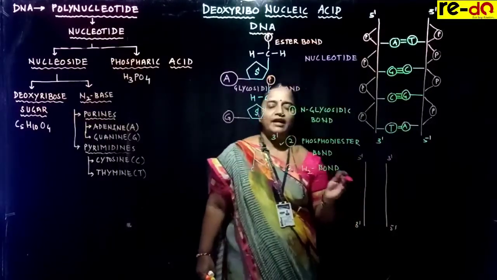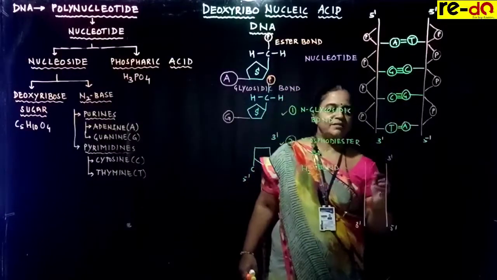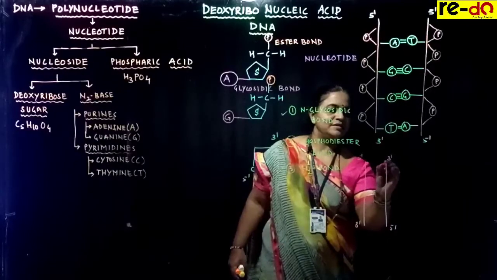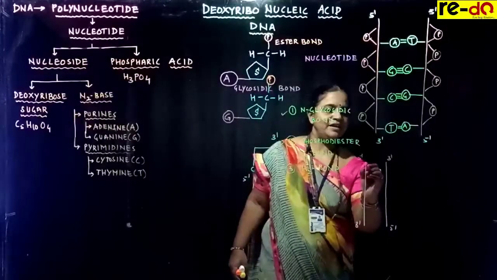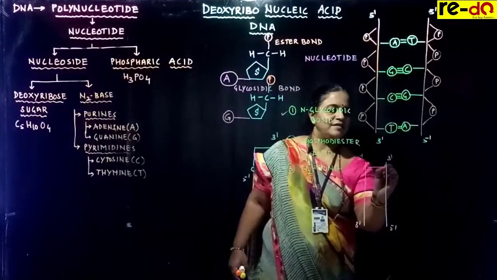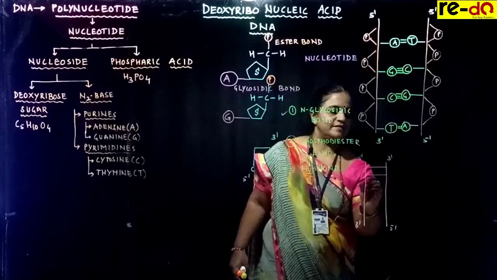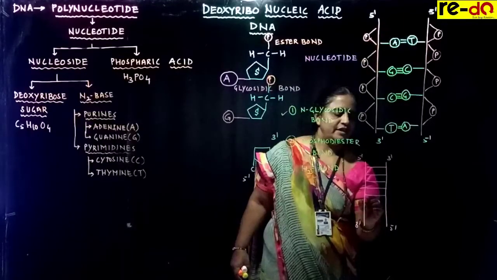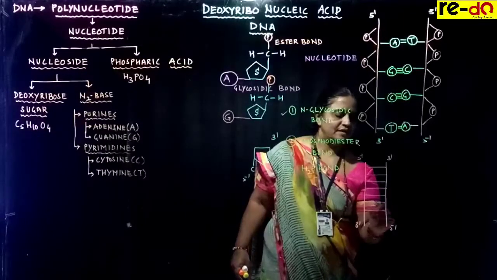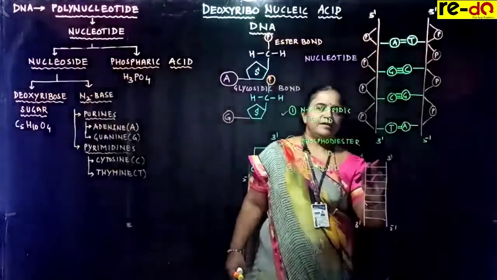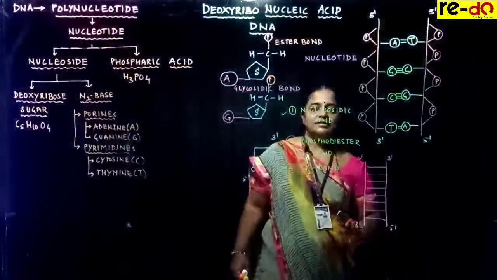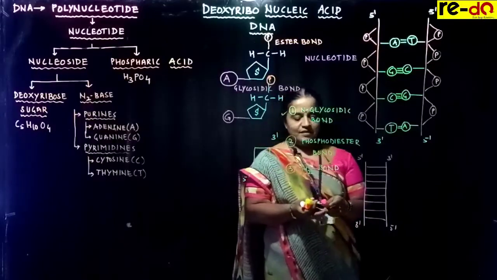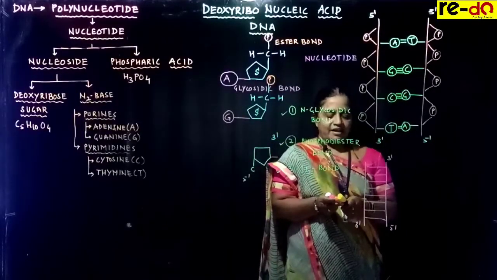You can call 5 dash 3 dash or 5 prime 3 prime. This is anti-parallel arrangement of two strands of DNA. These are hydrogen bondings. This is just diagrammatic representation of DNA. It looks like a ladder now, and this ladder is helically coiled. Clear?